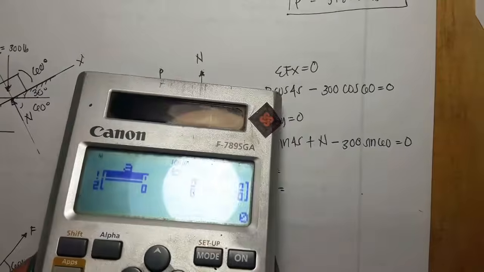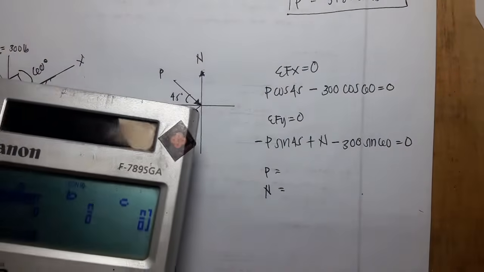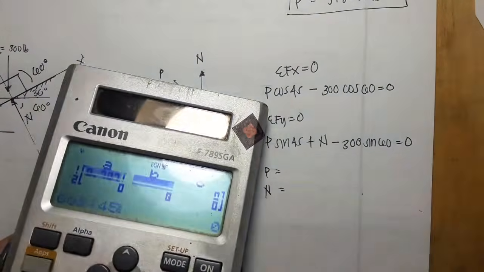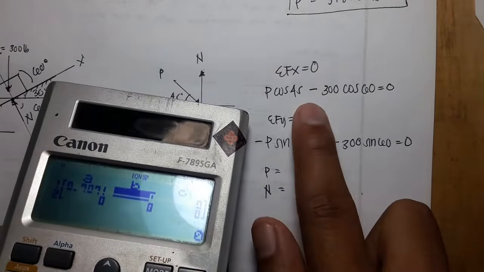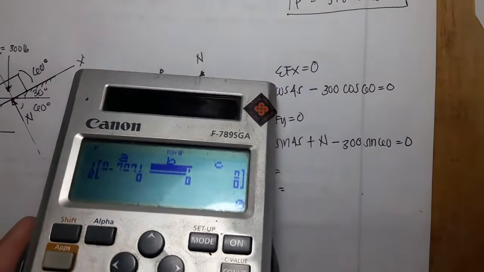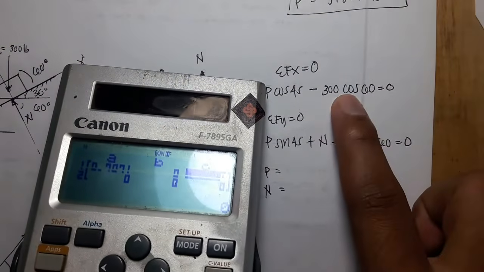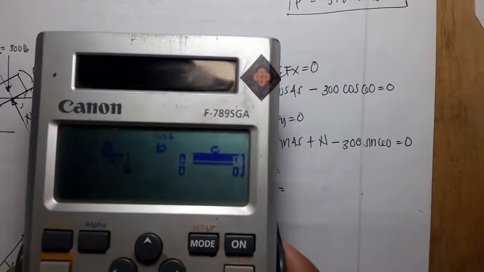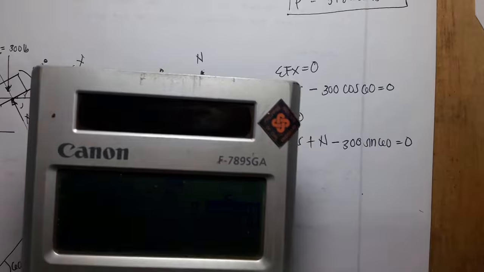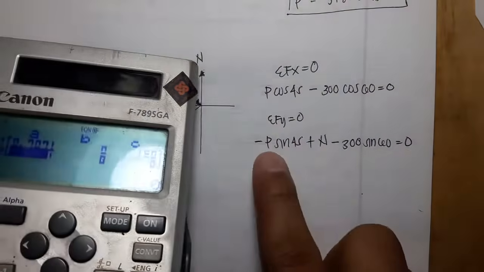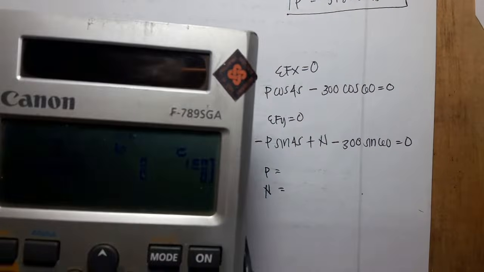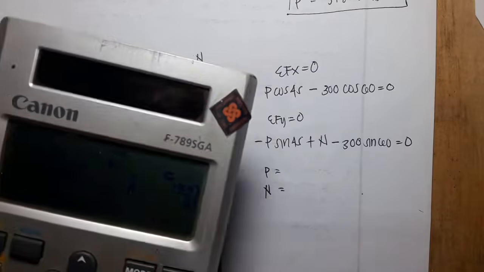So first is cosine of 45, positive. Then because we don't have N here, we will put that 0. Then next is positive 300 cosine of 60. Then here negative sine of 45.